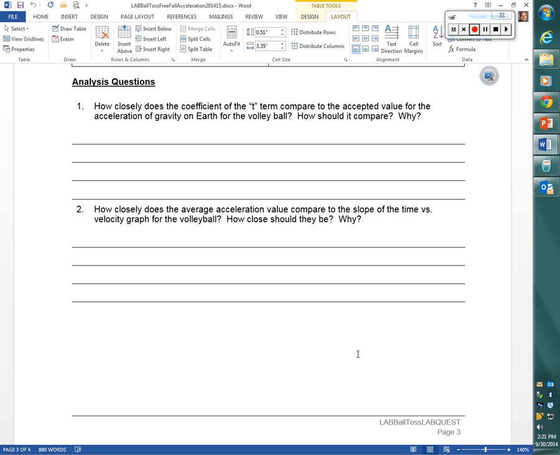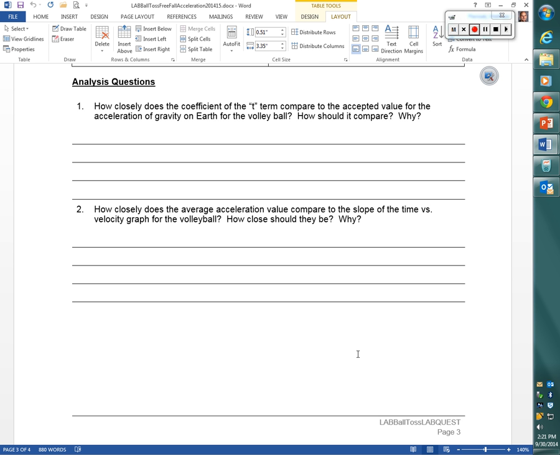For the volleyball, what number shows up in front of t in that equation? Negative 9.54. So how closely does that compare to the acceleration of gravity here on Earth, 9.81?